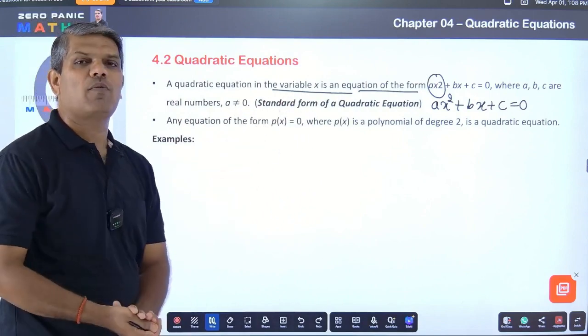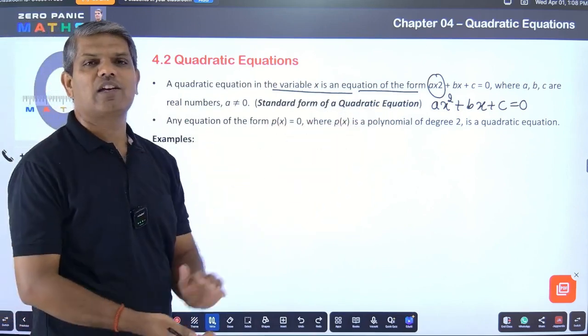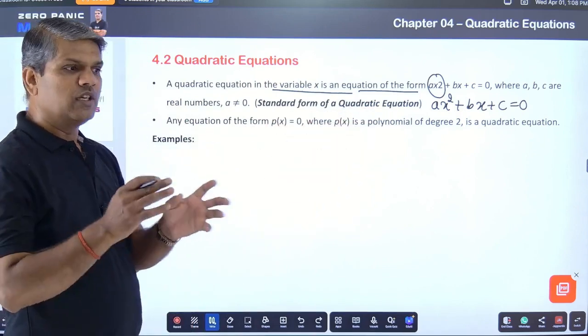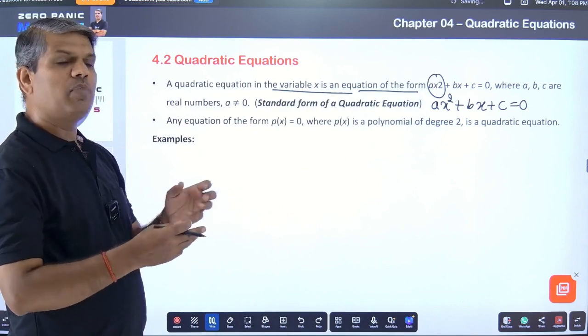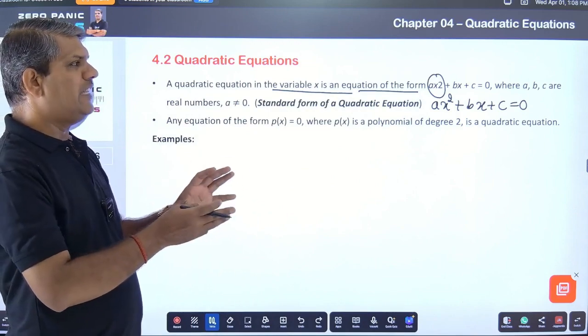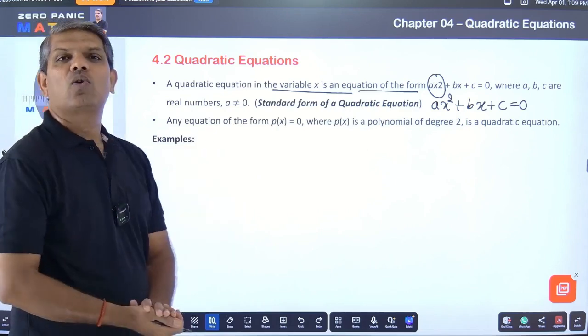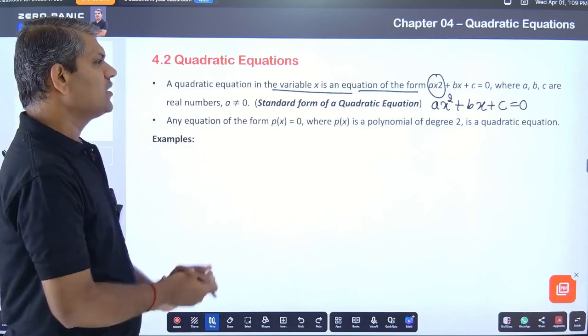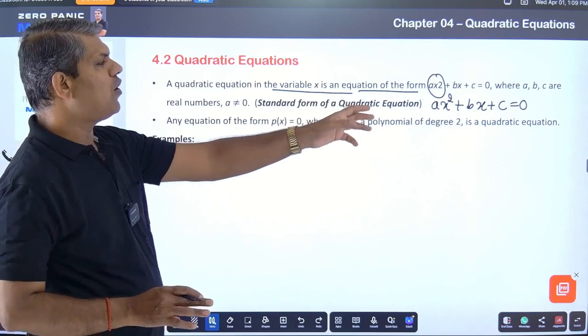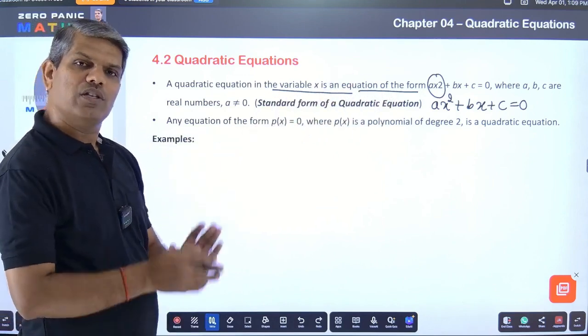This is not ax2, it is actually ax square, so it is wrongly typed here. That is the standard form of the quadratic equation. You might be remembering what it is exactly equal to, the quadratic polynomial. There is no difference at all. The polynomial without equating it to 0 is called a polynomial.